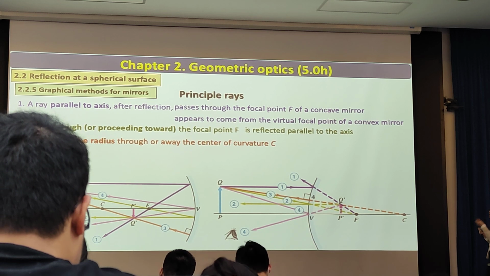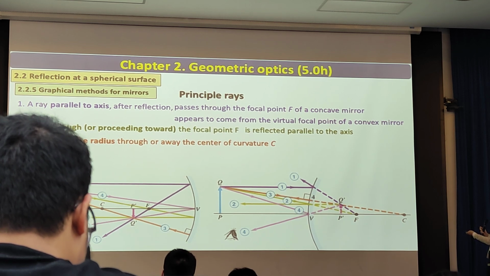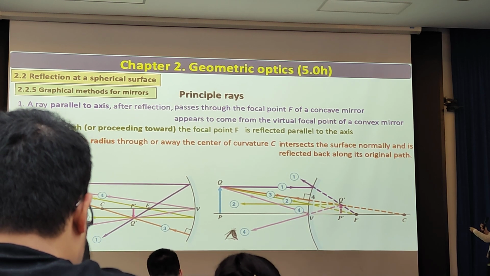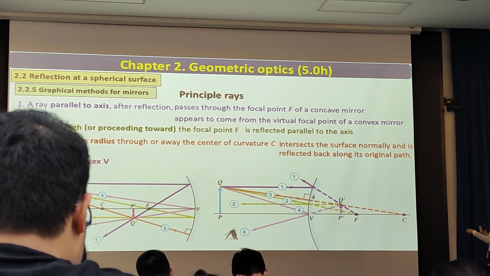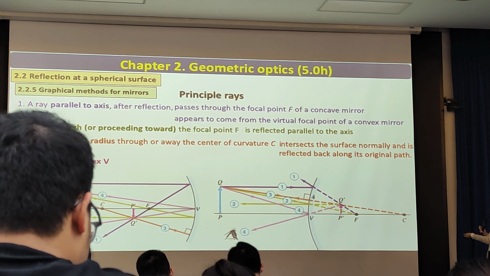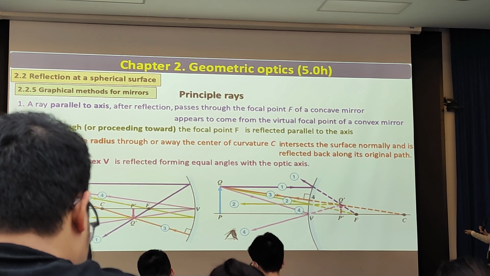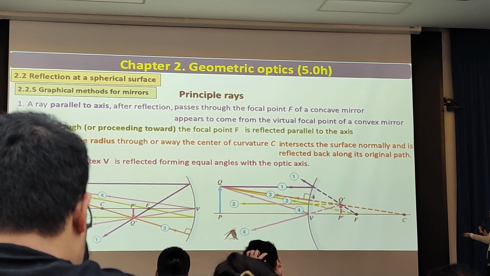The third one, a ray along the radius or away from the center of curvature, intersects the surface normally and is reflected back along its original path. Finally, a ray to the vertex B is reflected, forming equal angles with the optic axis.